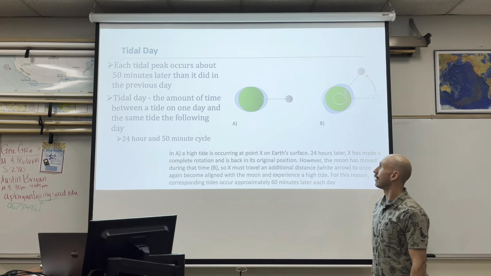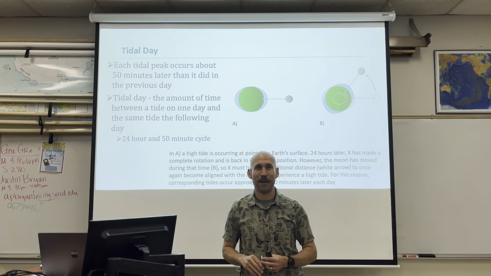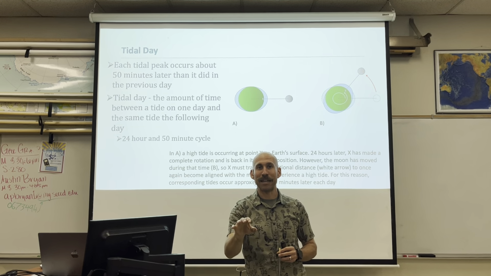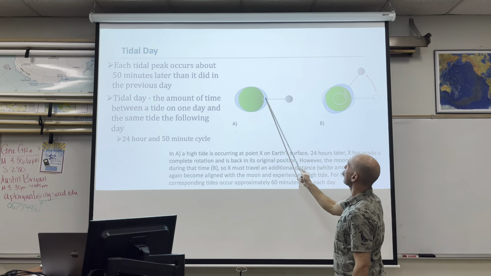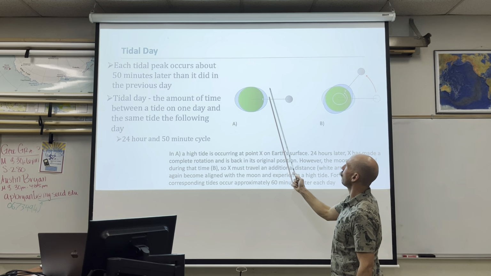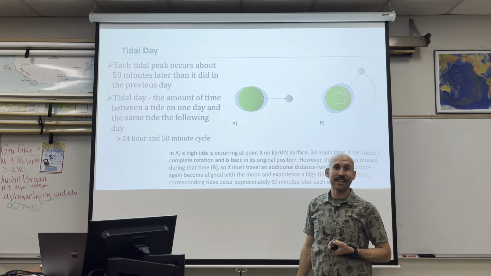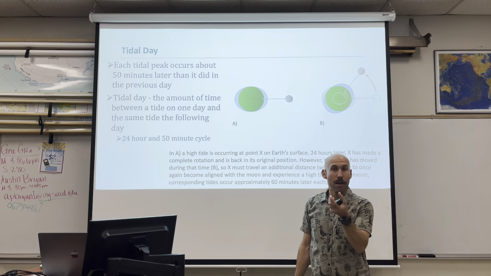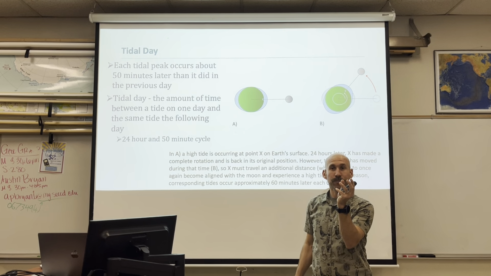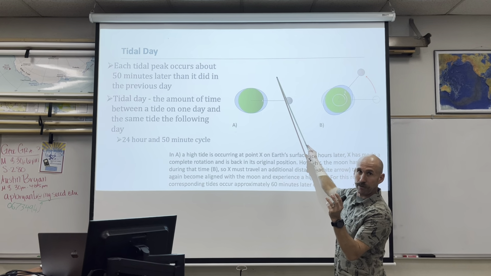And the time of the low tide changes every single day. Why is that? Well, that is because the tidal day is longer than the solar day by about 50 minutes. The time it takes for Earth to do one full rotation is 24 hours. There's 24 hours in a day, right? Yes. But as Earth is rotating, the moon is also orbiting.